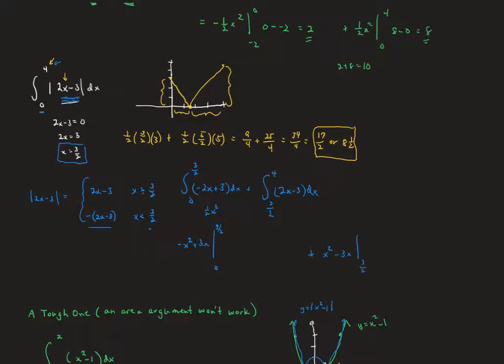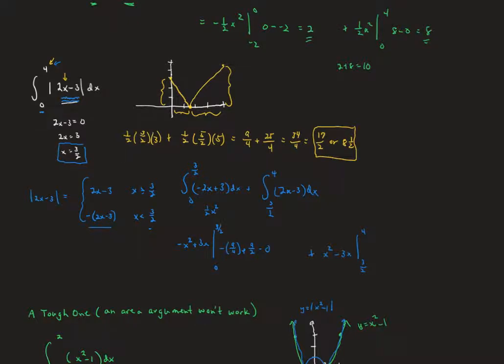Okay, plugging in the 3/2, we're going to get a negative 3/2 squared, which is 9/4, plus 3 times 3/2, which is 9/2. And then we're going to get minus. When we plug in zeros, we're just going to get zeros.